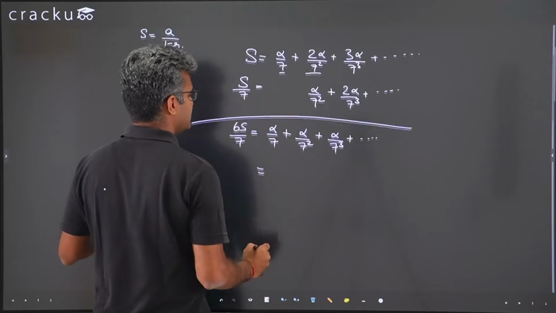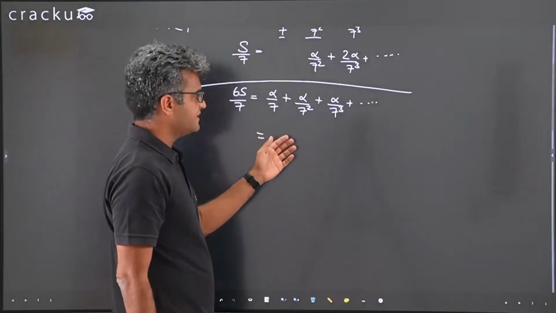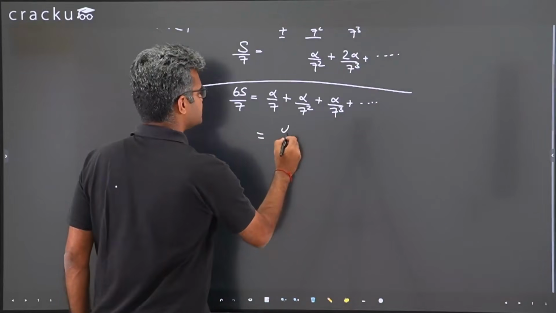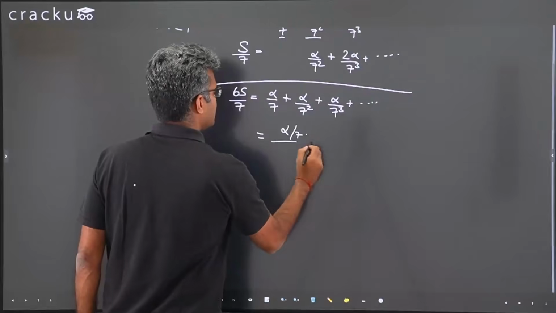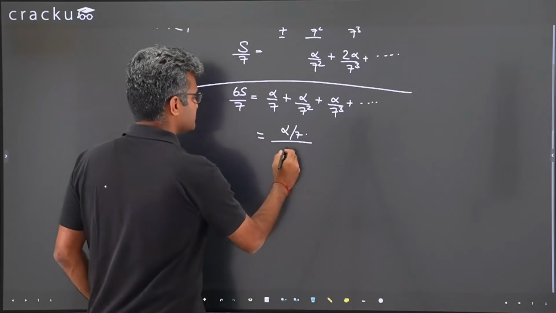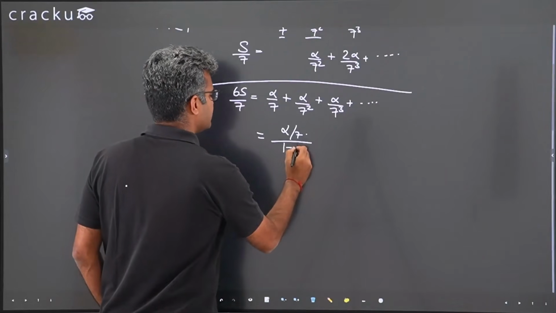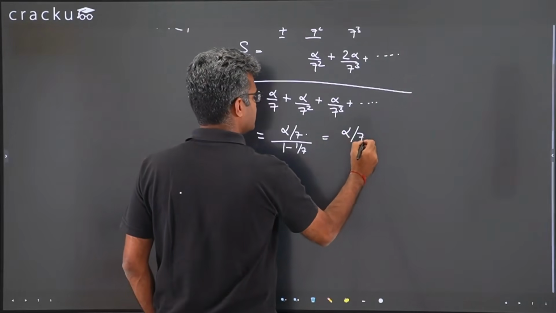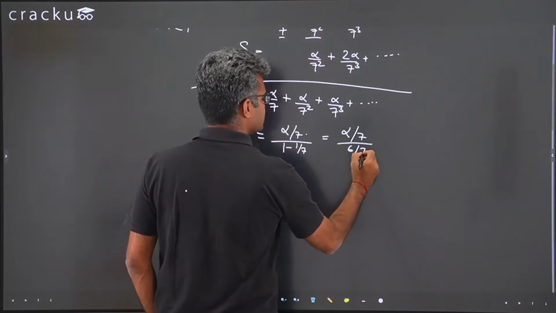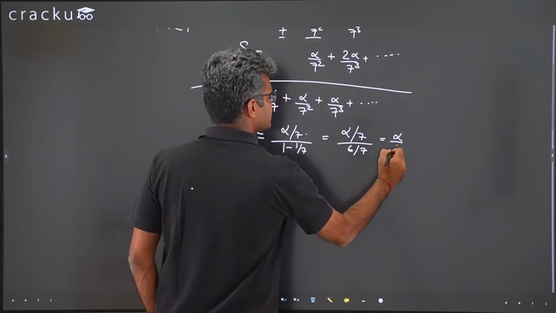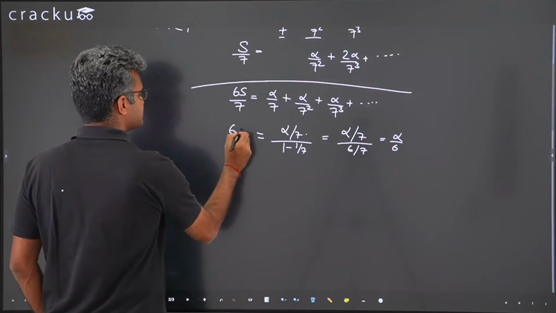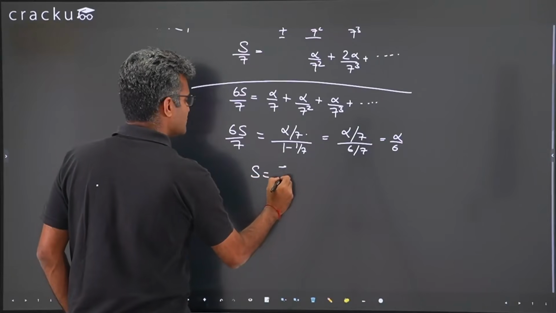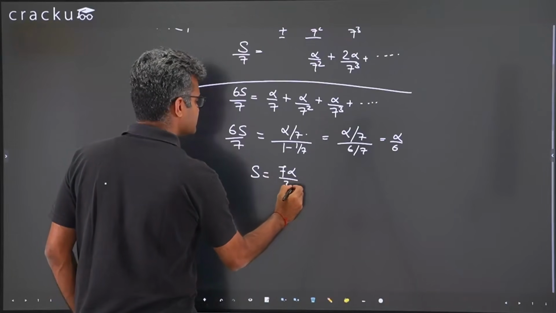The right hand side is again an infinite geometric progression where the first term is alpha by 7 and the common ratio is 1 by 7. So this is alpha by 7 divided by 1 minus 1 by 7, which is equal to alpha by 7 divided by 6 by 7. This is equal to alpha by 6. This is 6S by 7. So the value of S is equal to 7 alpha by 36.